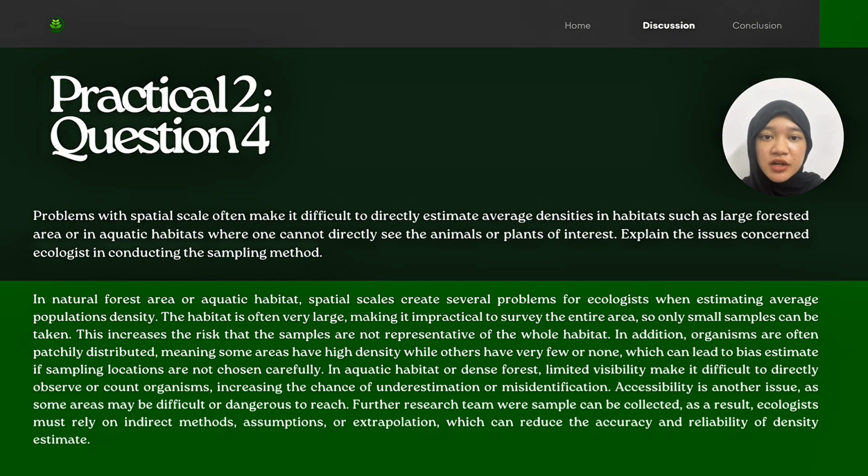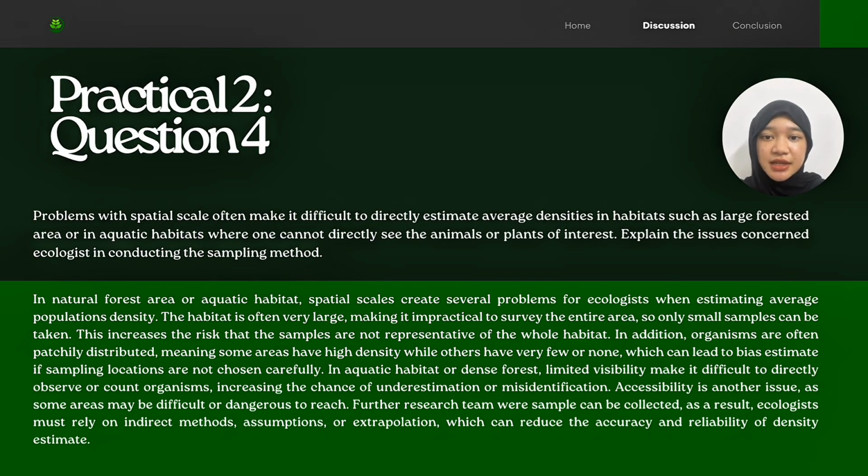In addition, organisms are often patchily distributed, meaning some areas have high density while others have very few or none, which can lead to biased estimates if sampling locations are not chosen carefully. In aquatic habitats or dense forests, limited visibility makes it difficult to directly observe or count organisms, increasing the chance of underestimation or misidentification.